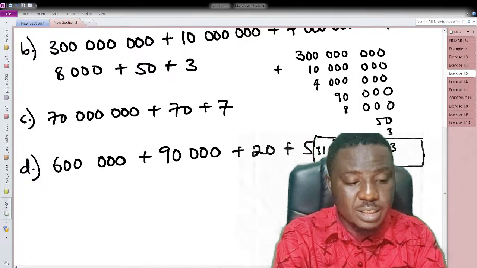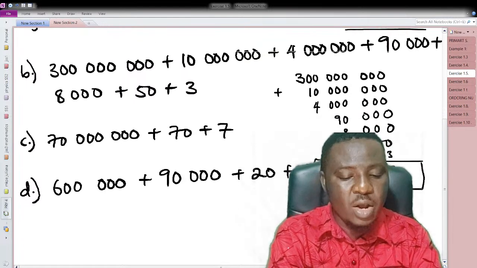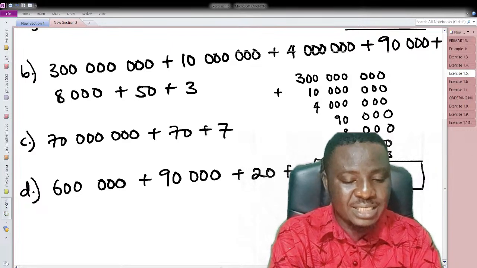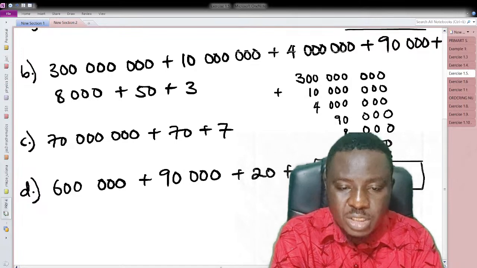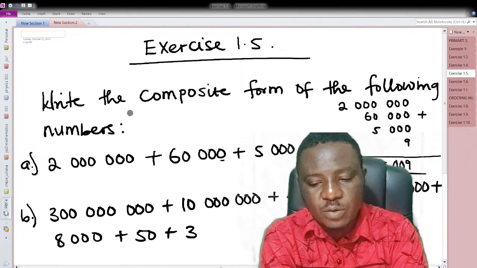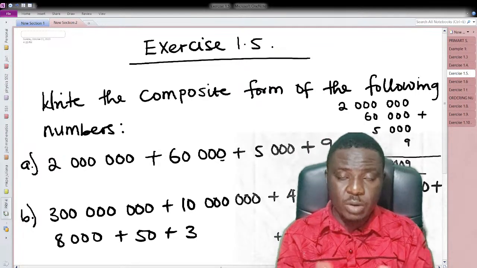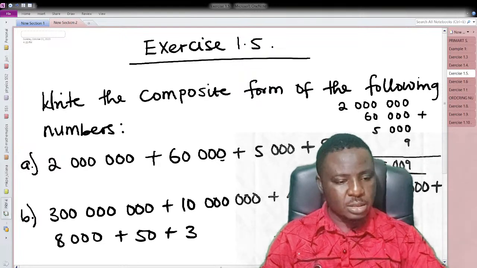What is the composite form of that number? It is 314,098,053. So this is what we are asked to do. When you're asked to write the composite form of the numbers, sum them up together, and that gives you the composite form of that number.